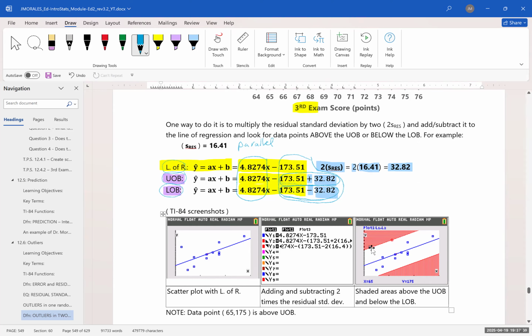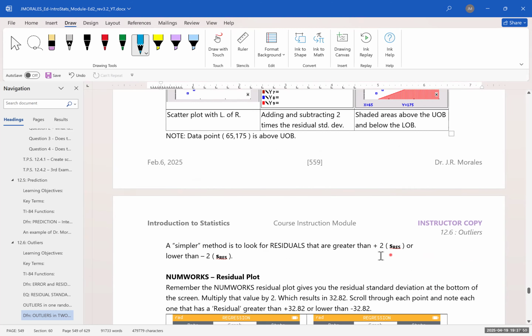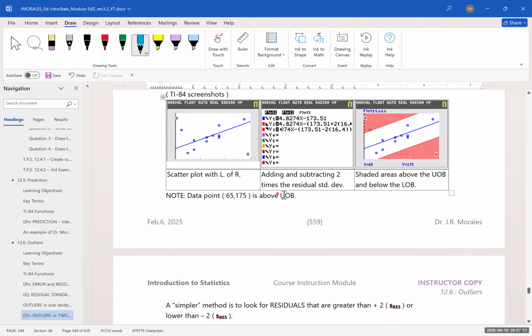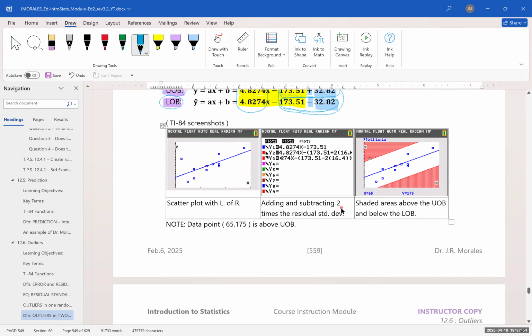And so here we've got like the boundary between two countries. And if the data point lands here, it's considered an outlier. If the data point is in here, it's not an outlier.